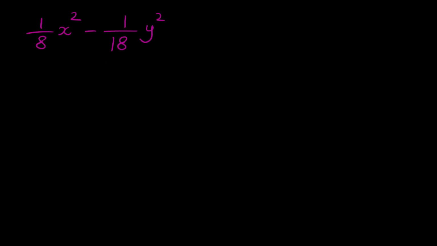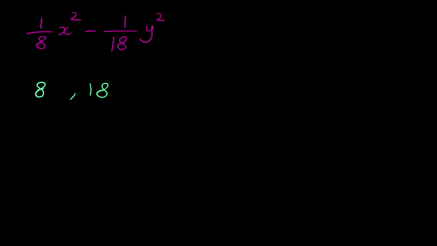1/8 x to the 2 minus 1/18 y to the 2. We have 8 in the denominator and 18. What is the number that, if we multiply by it, we can get rid of 1 over 8 and 1 over 18? Basically, we can get rid of these denominators.